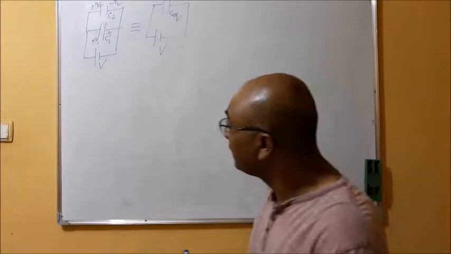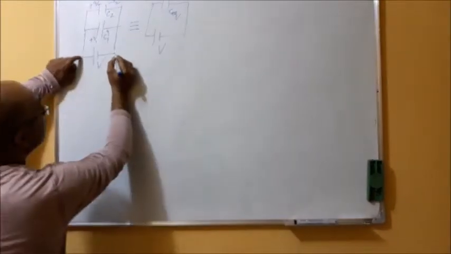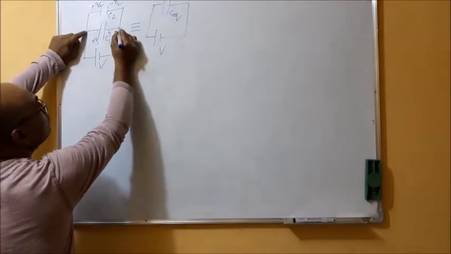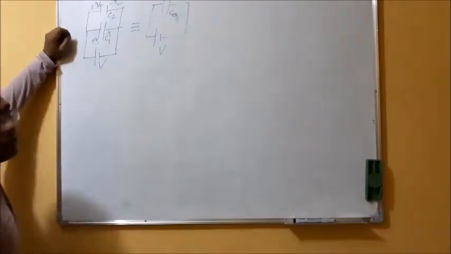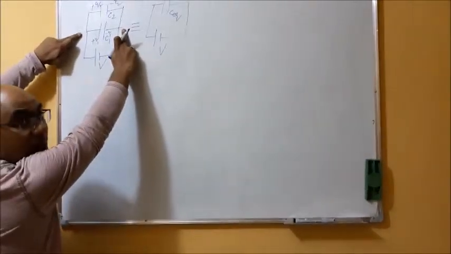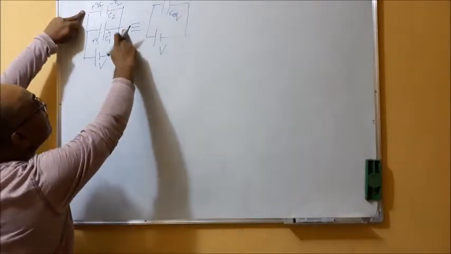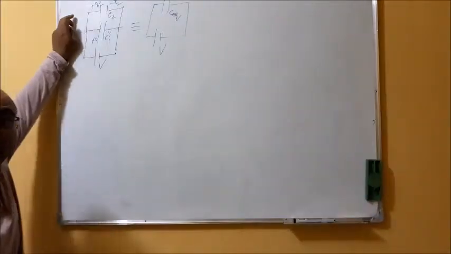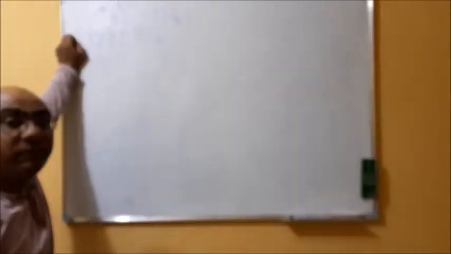And you see these two points are the same as these two points, similarly to these points. So if I say the potential across these two points is V, similarly the potential across these two points will be V, and similarly the potential across these two points will be V. So what does it mean?